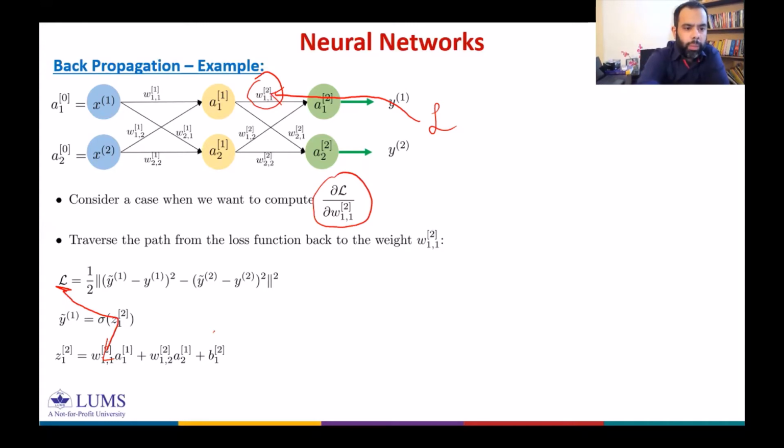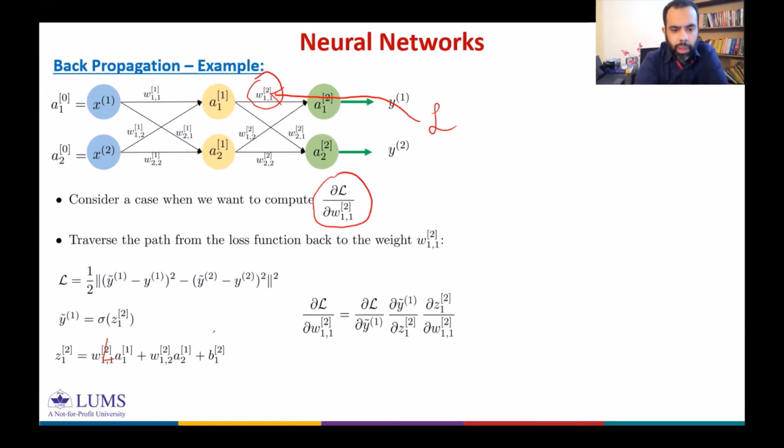So we take this partial derivative. Now to compute this partial derivative, we take the partial derivative of the loss function with respect to the activation output of the node, times the partial derivative of the activation output with respect to the pre-activation output.